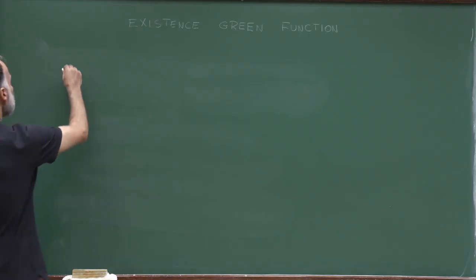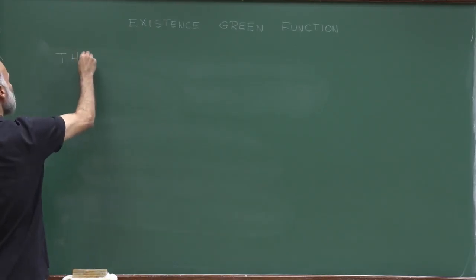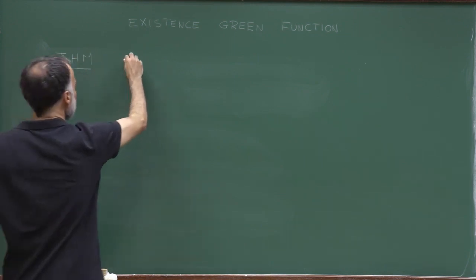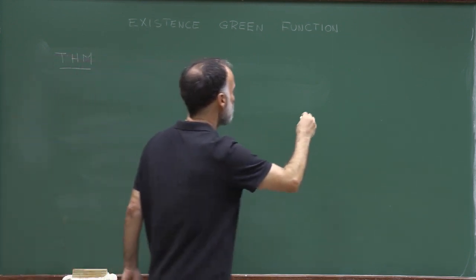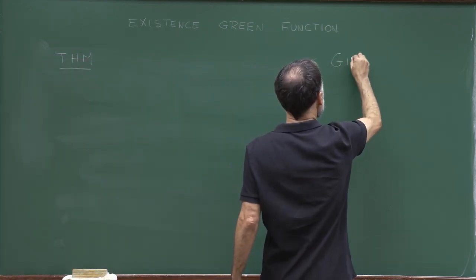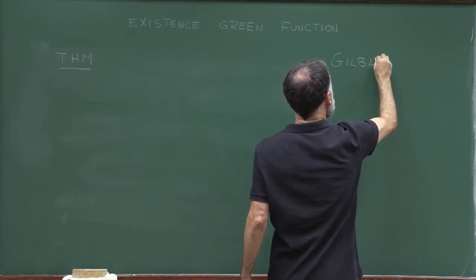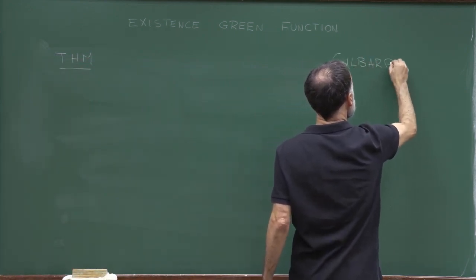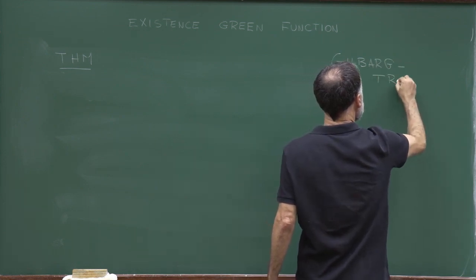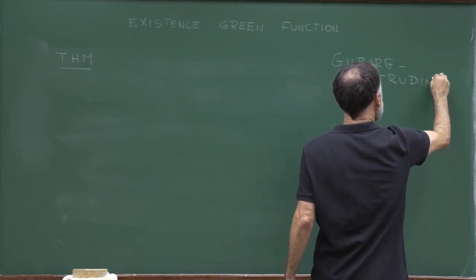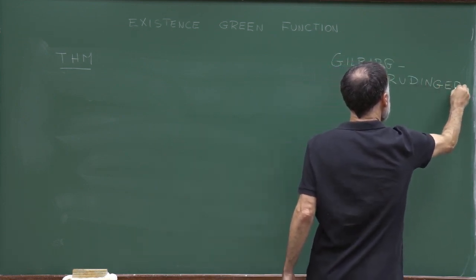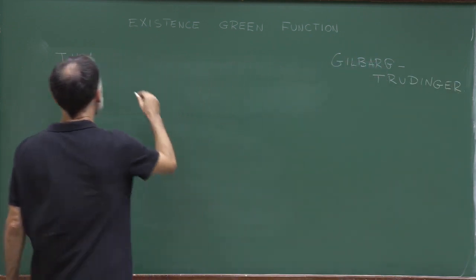So here is a theorem concerning harmonic functions. The proof of this theorem you can find in the book by Gilbarg and Trudinger. This theorem is called the maximum principle.